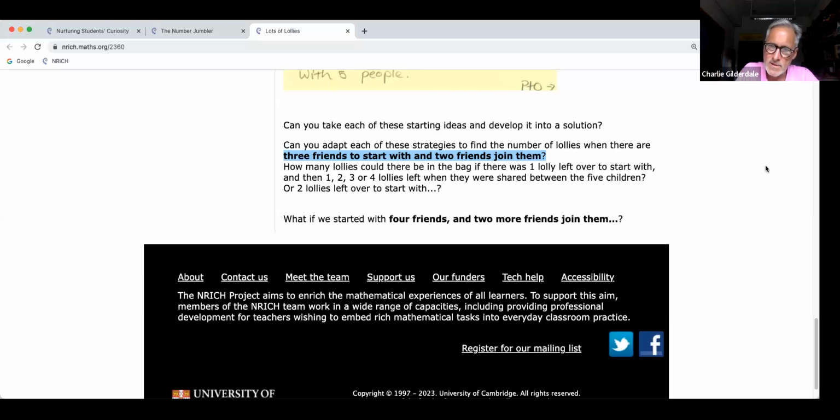What's also quite nice is that I imagine some secondary teachers are writing algebraic expressions, which shows that this task can challenge students to work algebraically and express algebraically the solution.